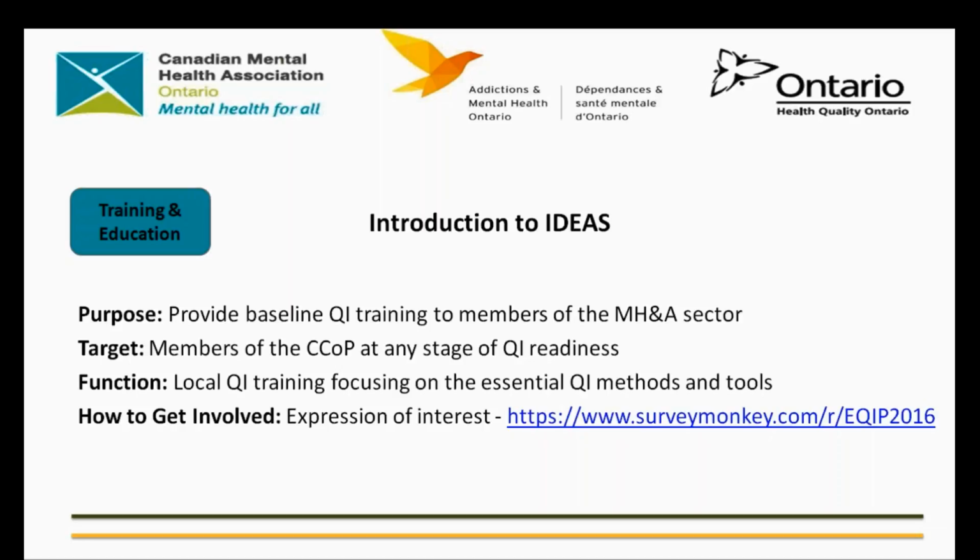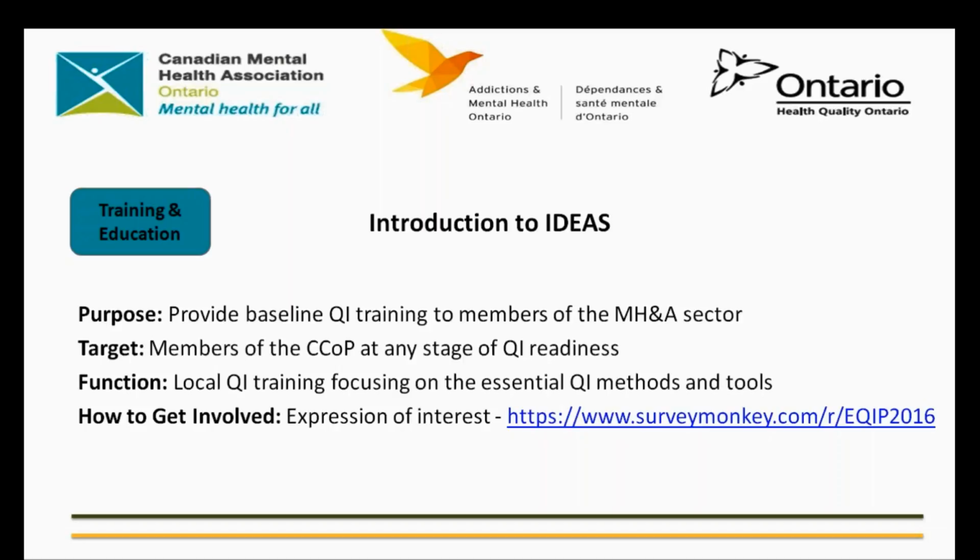So that's really the basis for the Introduction to Ideas offering. It really is how can we help our members and the sector as a whole have some common approaches and common language to QI. So we are really targeting our members of the community of practice that Mike mentioned earlier, and really at any stage of readiness, although probably more suited for those at the earlier stages.